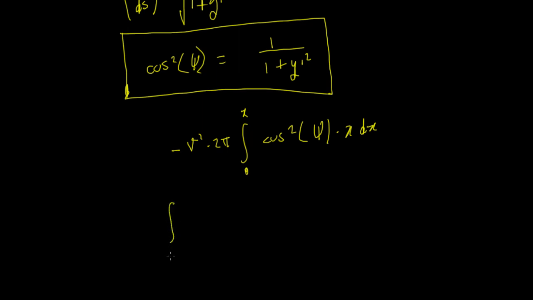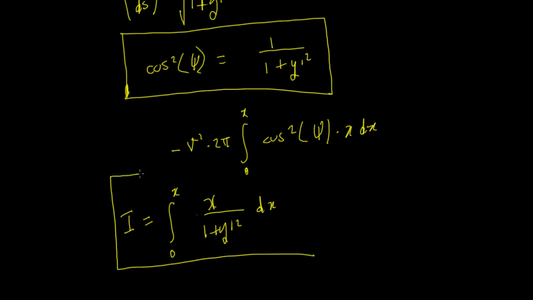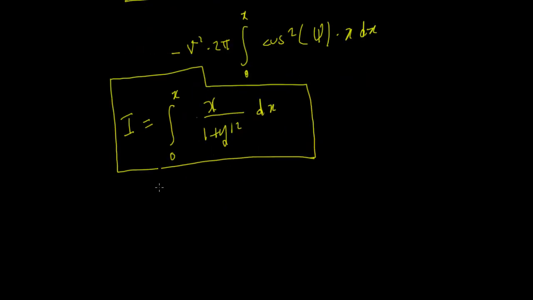So you just end up with the integral from 0 to x of 1 upon 1 plus y derivative squared, and it's all times x. I'll just put the x up the top line, so it's x times dx. So that there is what you want to minimize in order to ensure that the air resistance is a minimum.